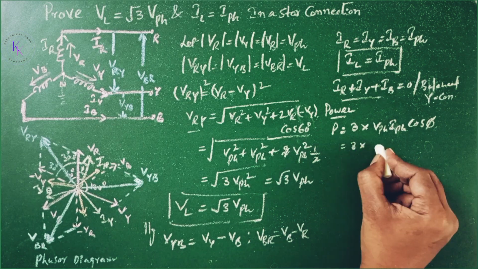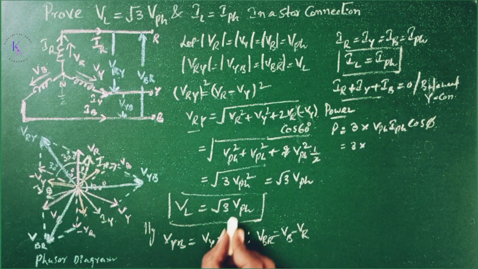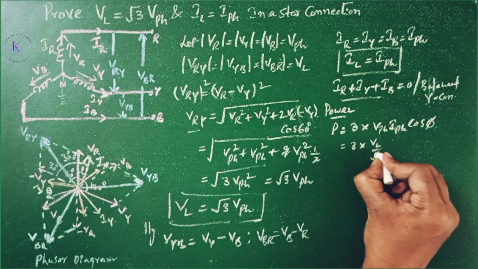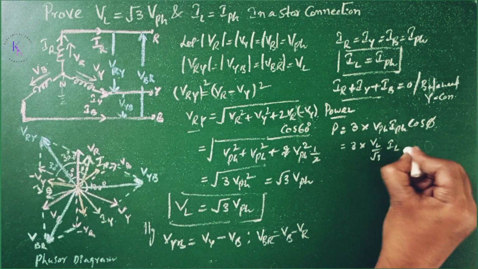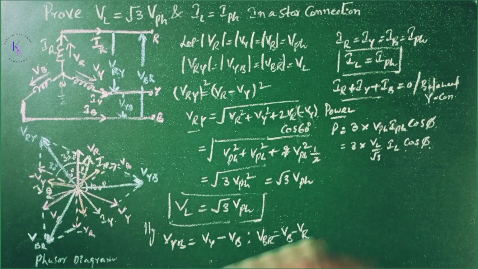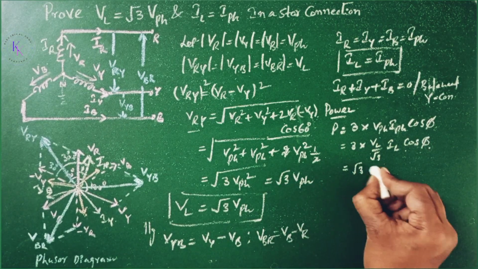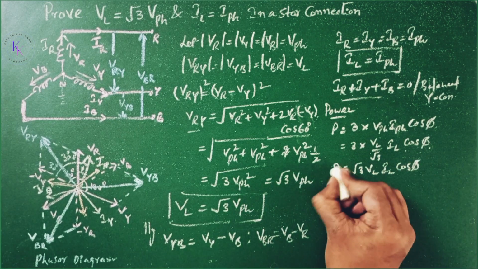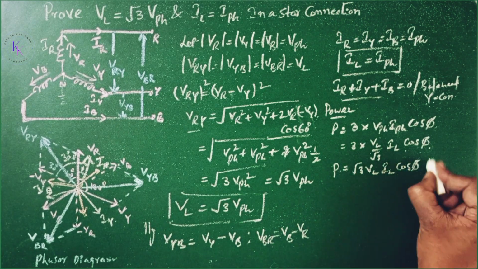In terms of line quantities, VPH equals VL by root 3 and IPH equals IL. Now if you calculate, root 3 times VL IL cos phi is the total power of the star connection. This is the real power.